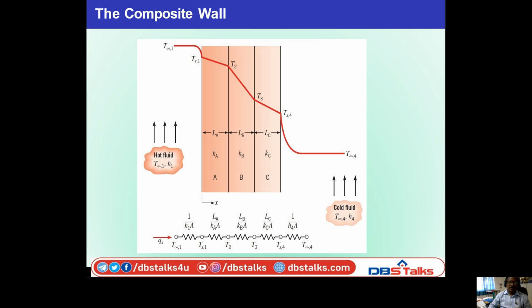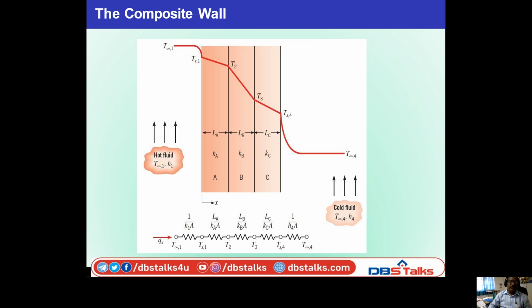This composite wall consists of three walls: wall A, wall B, and wall C.